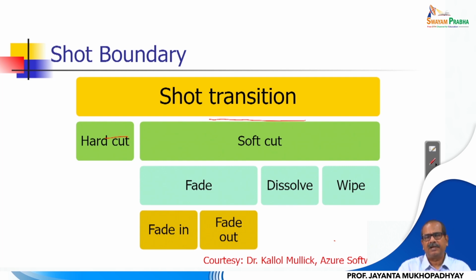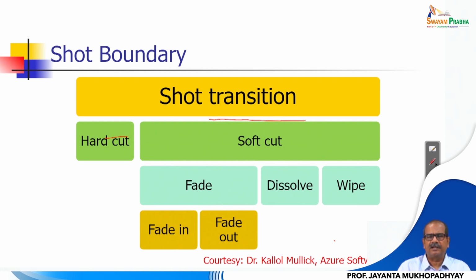But when there is a gradual transition, there is a mixing of frames of two shots in the small time interval where the transition takes place. In those sequences, a certain kind of mixing takes place, so that the frames of one shot fade out and the frames of the other shot fade in.